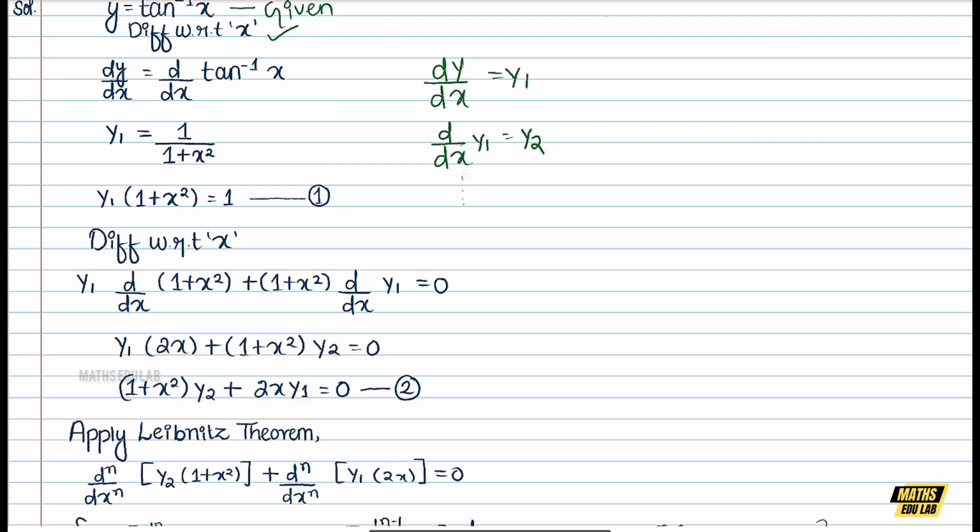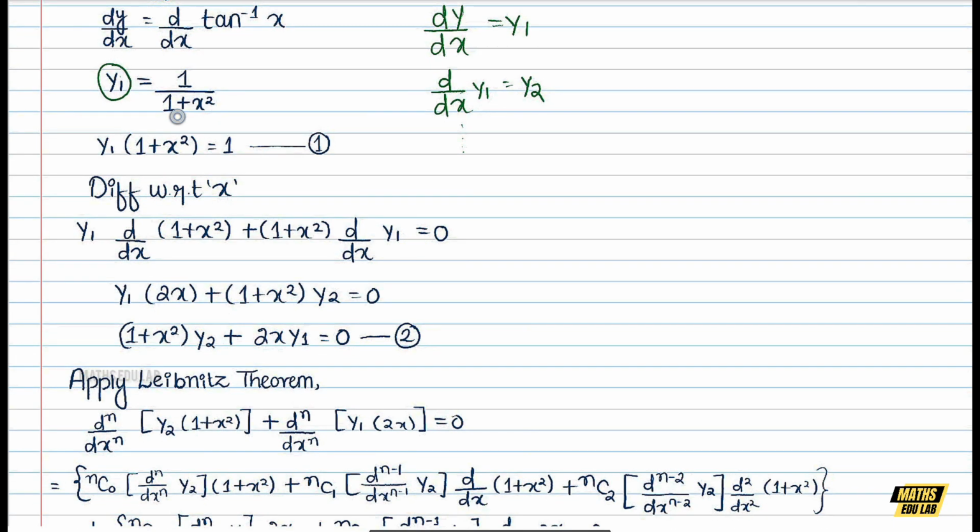So dy by dx is equals to y1, and the derivative of tan inverse x is 1 by 1 plus x square.